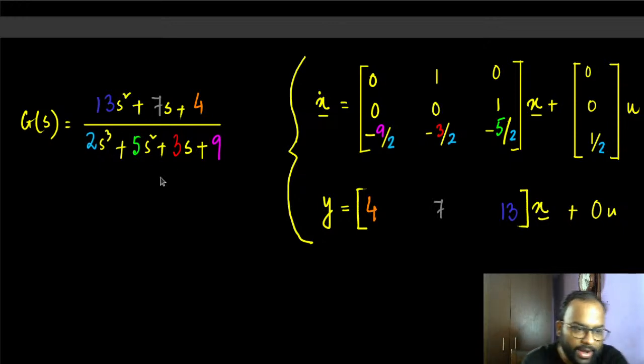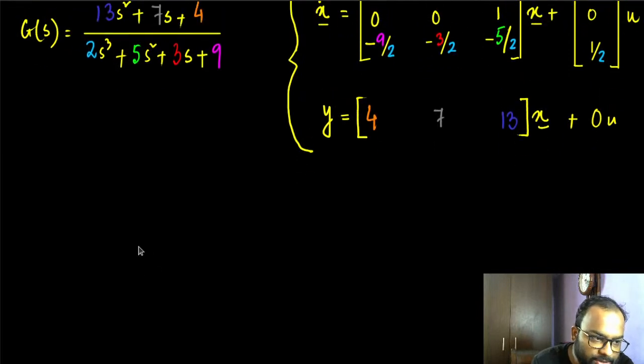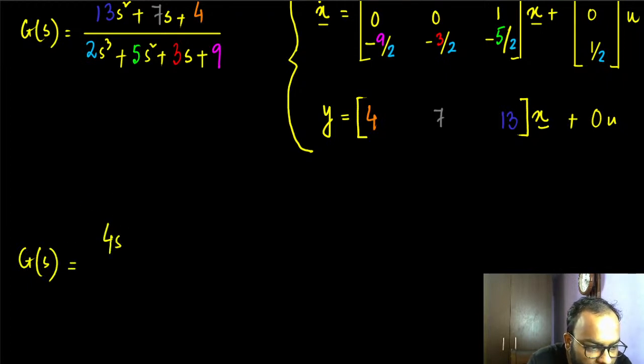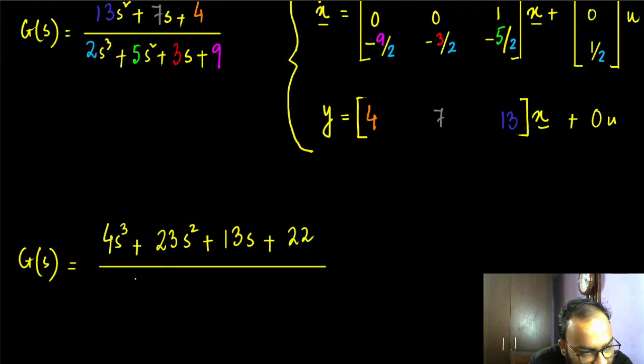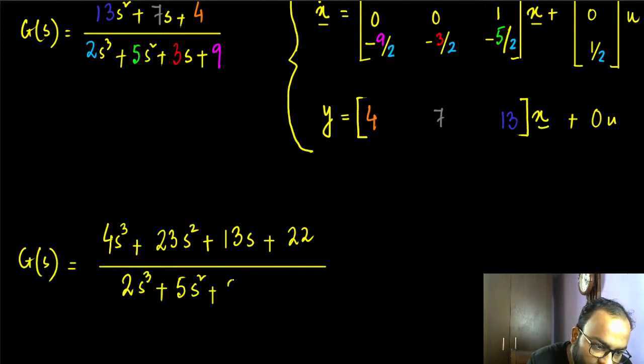If you don't have any queries up to this point, let me write down another transfer function. And this time around, the transfer function is 4s cube plus 23s square plus 13s plus 22, divided by 2s cube plus 5s squared plus 3s plus 9.